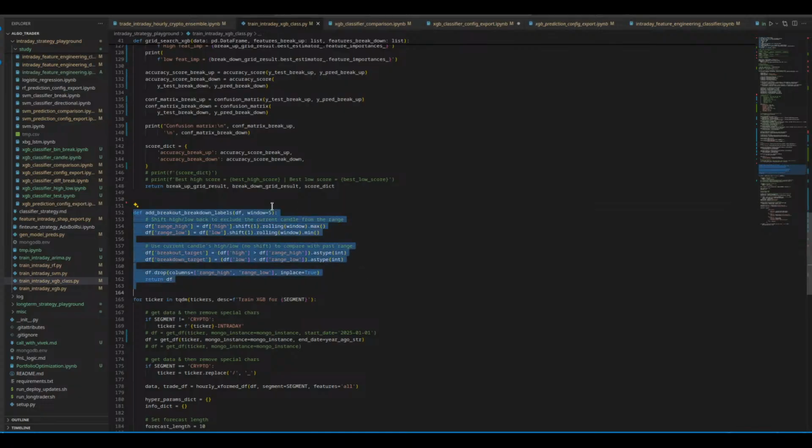In order to label the data, I am taking a window of 5 candles, and then I'm trying to label the data as follows: would the sixth candle be breaking the high or the low range of the last five candles? This is what I've been trying to identify, and I'm classifying it as breakout on the top or breakout on the bottom. So breakout, breakup, breakdown, call it whatever you want.